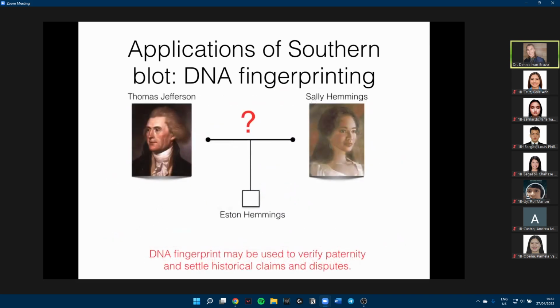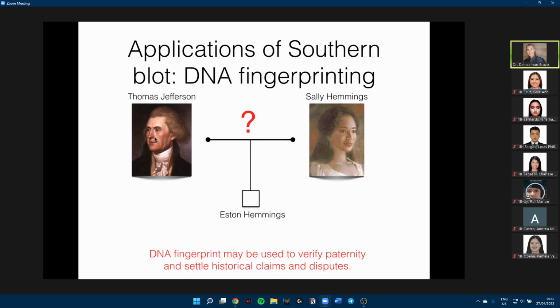Let's go to the case we presented earlier, the case of Thomas Jefferson and Sally Hemings. So the kid Eston Hemings' descendants claim that Thomas Jefferson is their ancestor, so the male descendants of Eston Hemings were subjected to DNA fingerprint, and they are going to be compared with the ideally male descendants of Thomas Jefferson. Bakit male descendants?